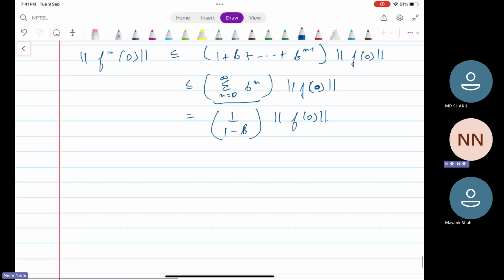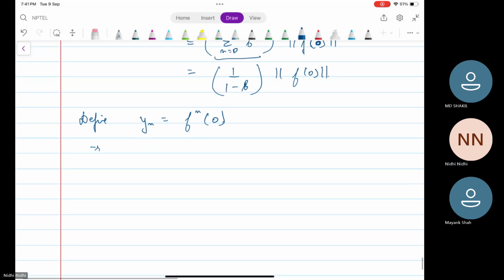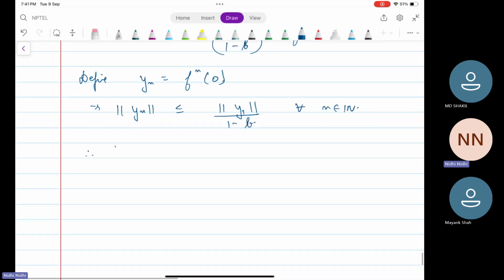Now if I define a sequence y_n to be f^n(0), then we get norm y_n is less than or equal to norm y_1 upon 1 minus b. And this is happening for every n in N. Therefore, our sequence y_n is bounded.